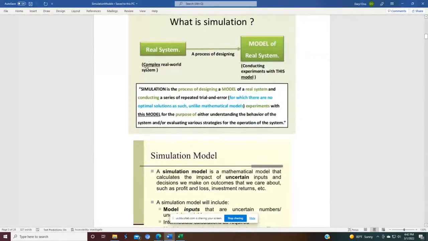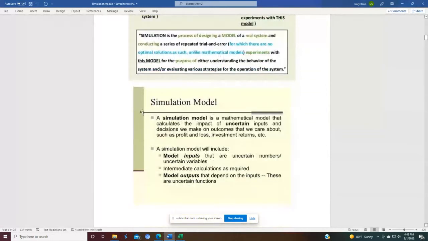Here up here is a nice graph of what simulation is. In many cases, it's repeated trial and error. So we want to determine the behavior of a system or look at different parts of the system. In a simulation model, it's a mathematical model that calculates the impact of uncertain inputs.